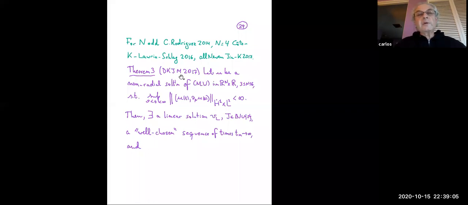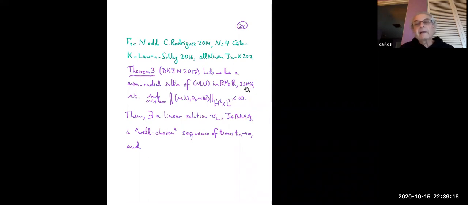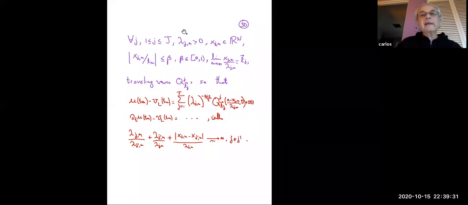So suppose u is a non-radial solution of the nonlinear wave equation in R^n for n between 3 and 6, and as I said earlier, this is a technical constraint, which is bounded in the energy. Then we can find the radiation term, a linear solution, a well-chosen sequence of times, scaling parameters lambda_jn, centers x_jn.